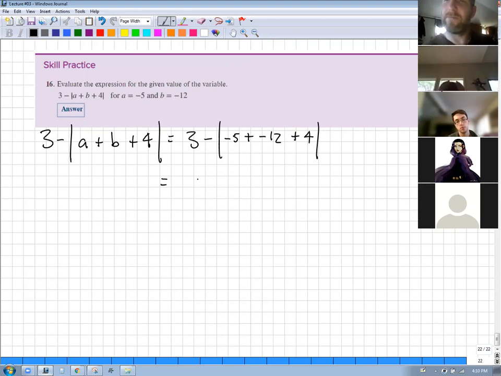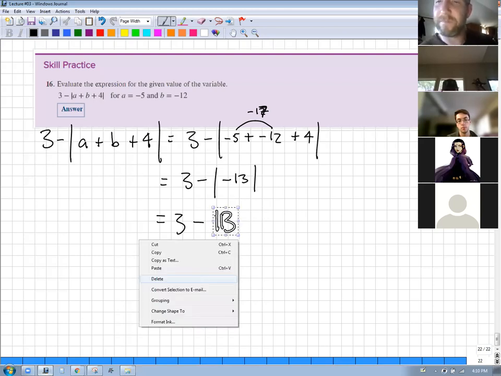All right, we have 3 minus, so what's going on inside of here? Negative 5 plus a negative 12. That's negative 17. All right, negative 17 plus 4 would be a negative 13. The absolute value of negative 13 is just 13.